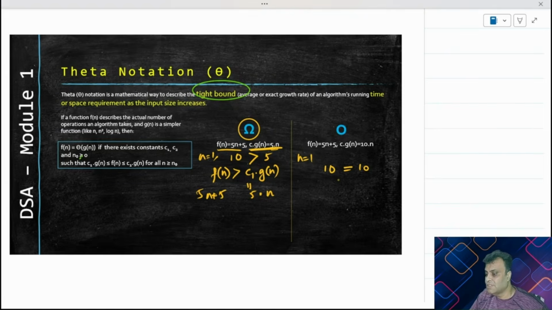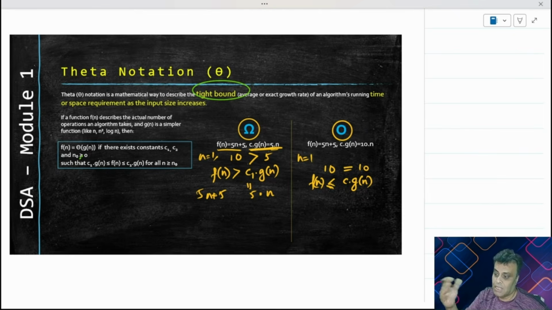So if we have this as equal, can I say that we have an upper bound? Because we can now say that Fn is less than equal to Cgn, since it is equal. So we are trying to prove big O. Big O means the upper bound. Upper bound means Cgn should be above Fn, or Cgn could be equal to Fn also.